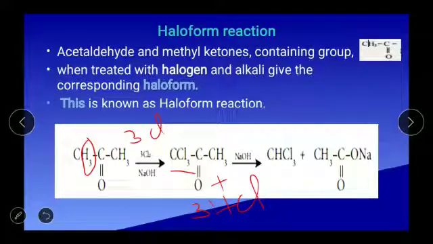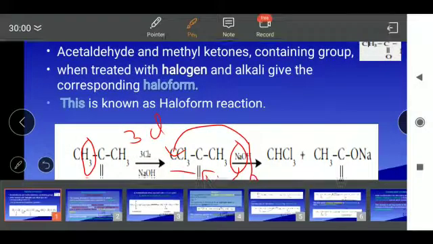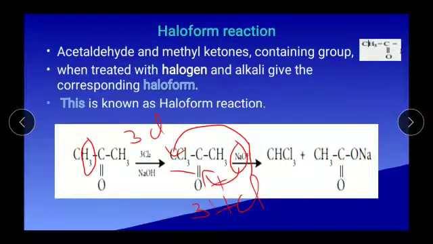Then the same compound is treated with sodium hydroxide. The hydrogen combines with the CCl3 portion, and O, Na combines with C double bond O. So what is the product? CHCl3 and CH3C double bond ONa.